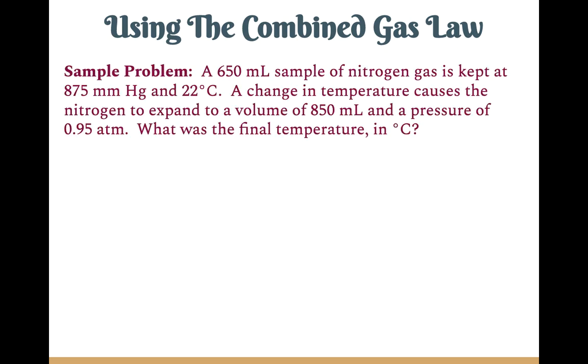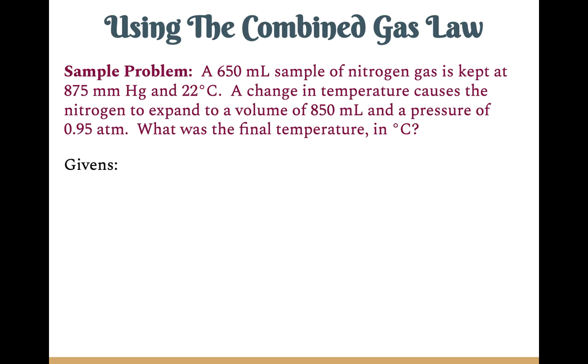Here's a second sample problem. A 650 milliliter sample of nitrogen gas is kept at 875 millimeters mercury and 22 degrees Celsius. A change in temperature causes the nitrogen to expand to a volume of 850 milliliters and a pressure of 0.95 atmospheres. So what was the final temperature in degrees Celsius?